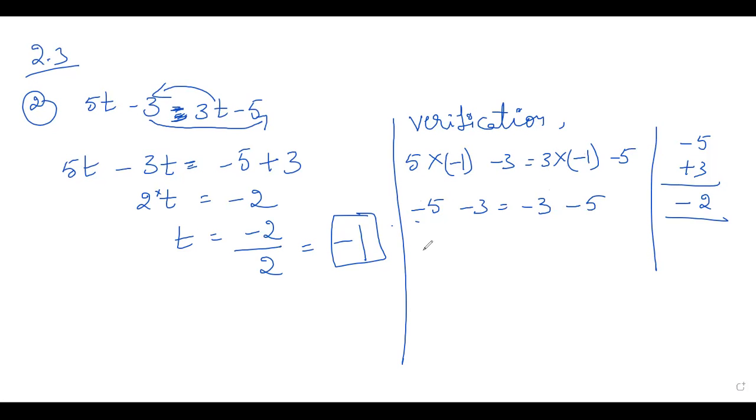Minus 5 minus 3, both are negative numbers, that is minus 8. This is also minus 8. Therefore, LHS is equal to RHS. So the value of t is minus 1, that is right.